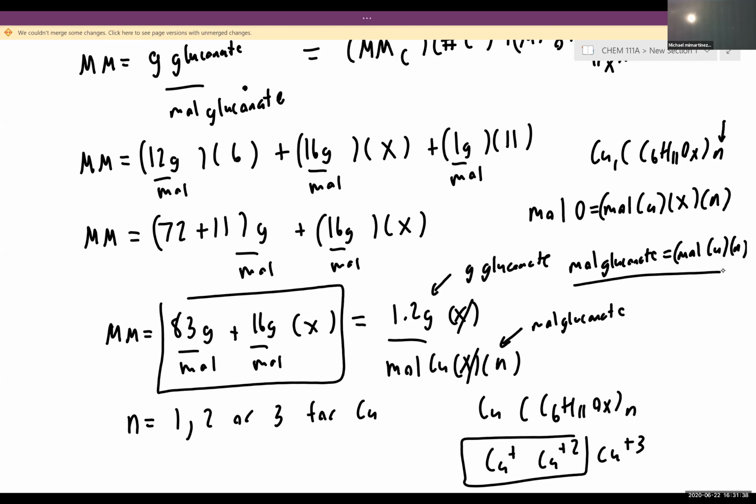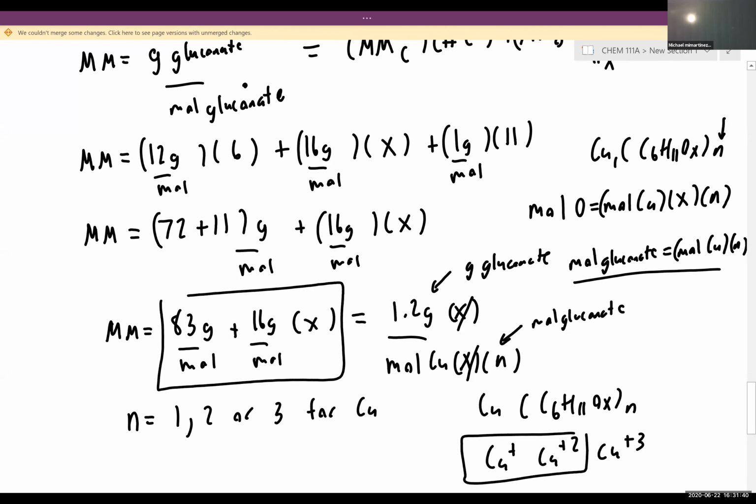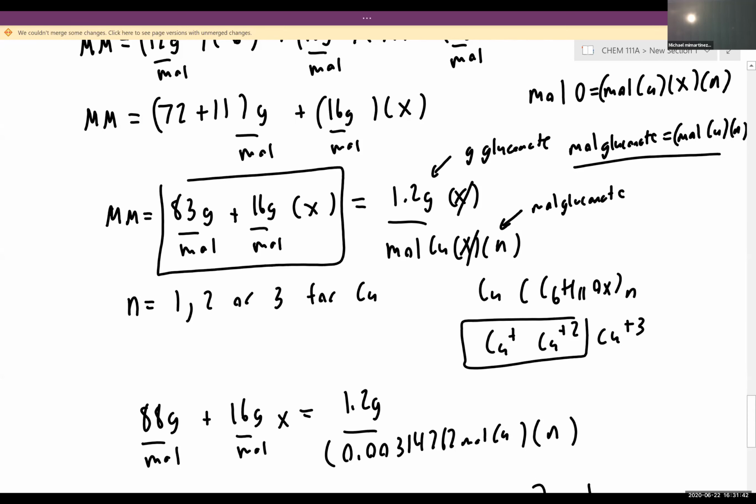Okay. Now, what's tricky about this problem is the fact that you have to guess what N is. So you're going to guess N to be 1, 2, or 3 for copper, because copper can be either +1, +2, or +3. So now, we are going to plug the numbers into this expression.